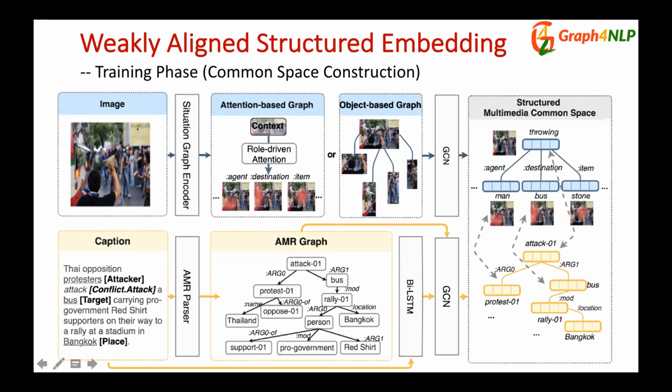So in addition to the basic pixel level or bounding box object level alignment, we can also convert this image into a graph structure, such as a scene graph or a situation recognition graph, in which you have a root node showing the event type, and then also the objects and the roles they play in this event.